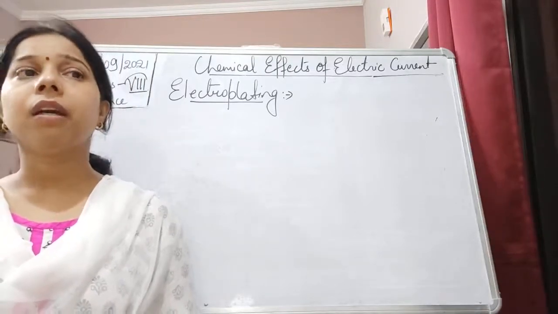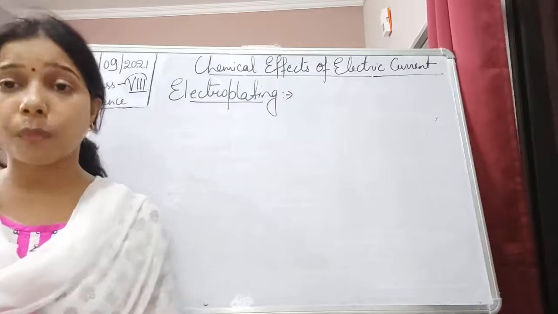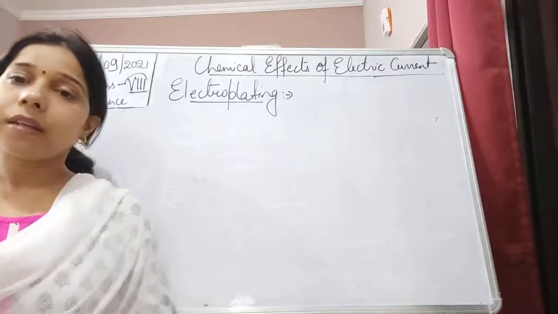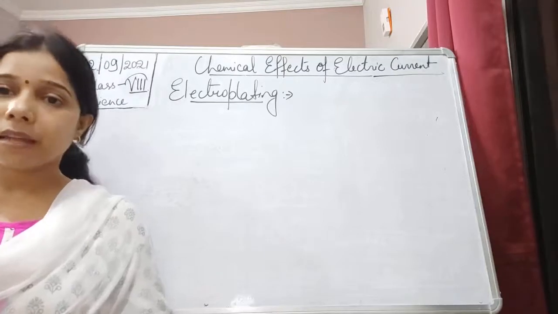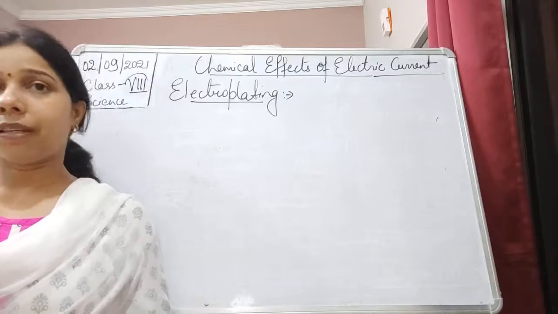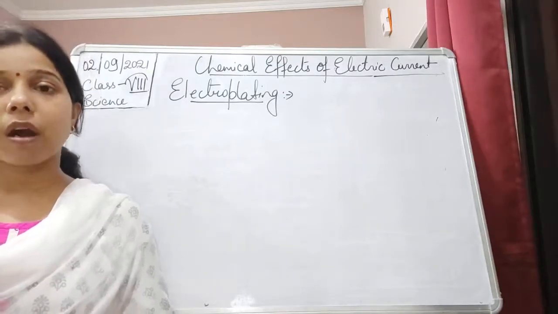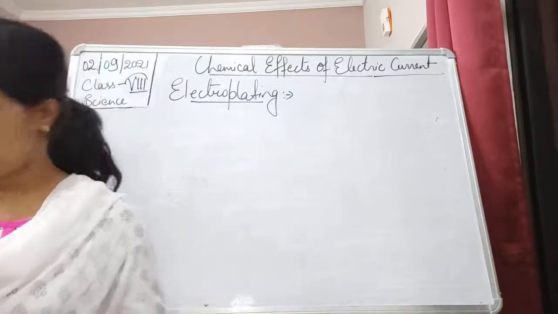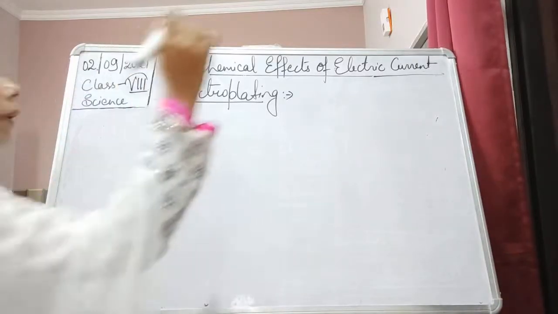Here, basically, another layer is plated on a metal surface, and the layer used to cover the surface of the other metal has some unique property which helps in protection and in giving luster to it. It means it must have some property because of which we are forming a layer of it on the other metal surface.